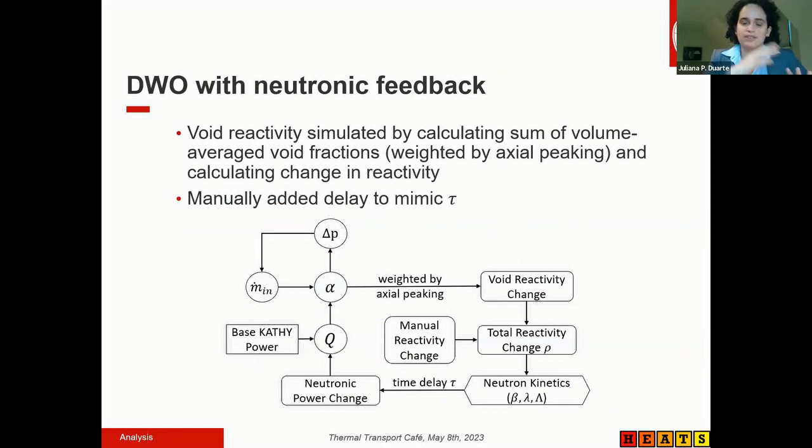Moving to the third part of our data analysis. Now, in order to analyze the data that actually has neutronic feedback, we cannot do it with full neutronic models because the data was not simulating exactly what happens in the reactor.